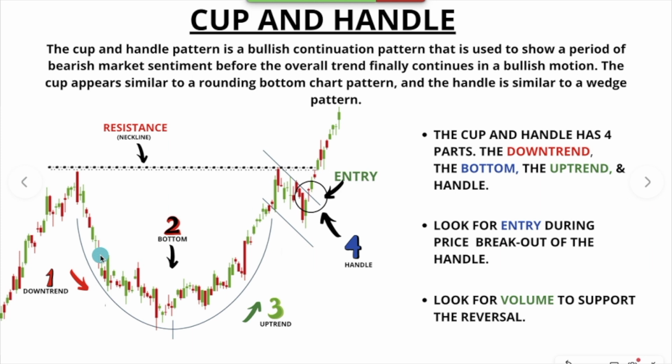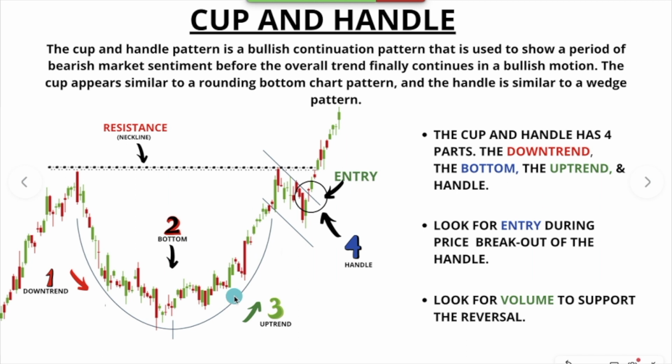And of course, you don't want to get into any type of trades within the downtrend. You would want to wait until price and momentum steadies a little bit, to where you have a little consolidation period before price starts going up. So just like the rounded bottom, you may try to execute an entry near the bottom.